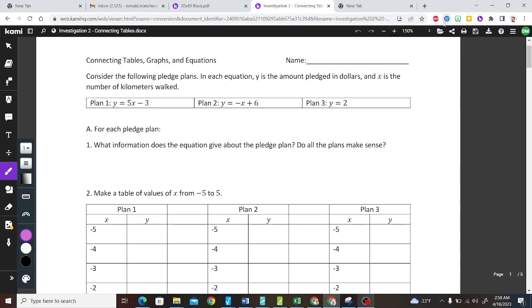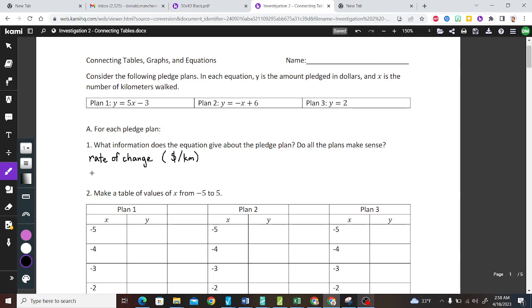So, the following questions we will do for each pledge plan. What information does the equation give about the pledge plan? Each of these pledge plans gives the rate of change, and so this would be in dollars per kilometer.